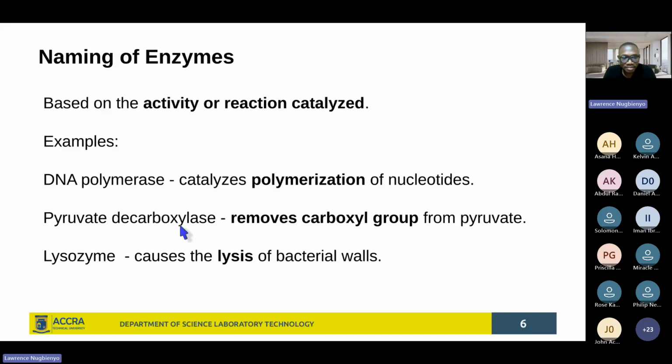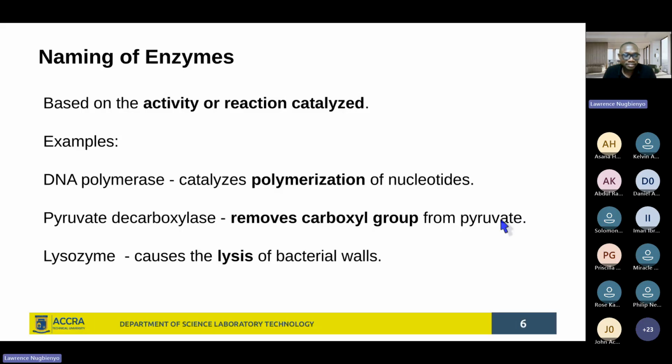Again, the substrate is pyruvate, and the process on it is removal of the carboxyl group, the carboxylic acid group, COOH. So you can take it as deleting: removal of the carboxyl group from pyruvate.